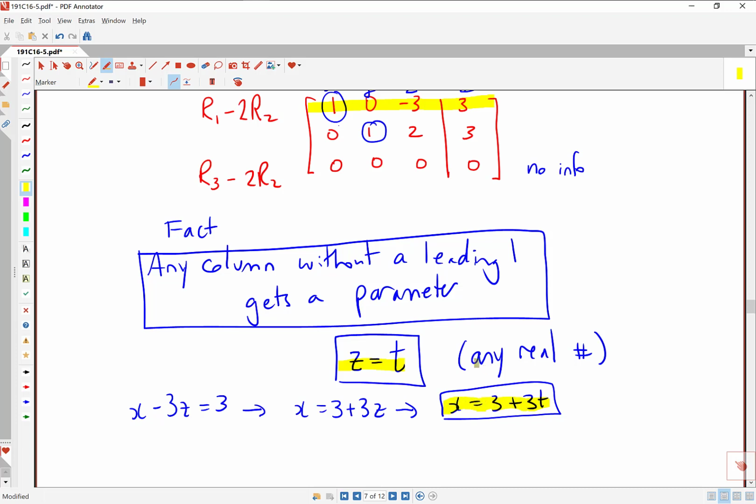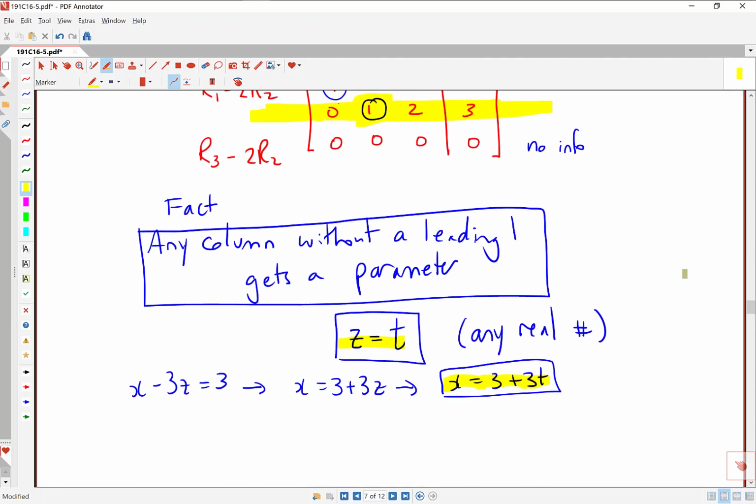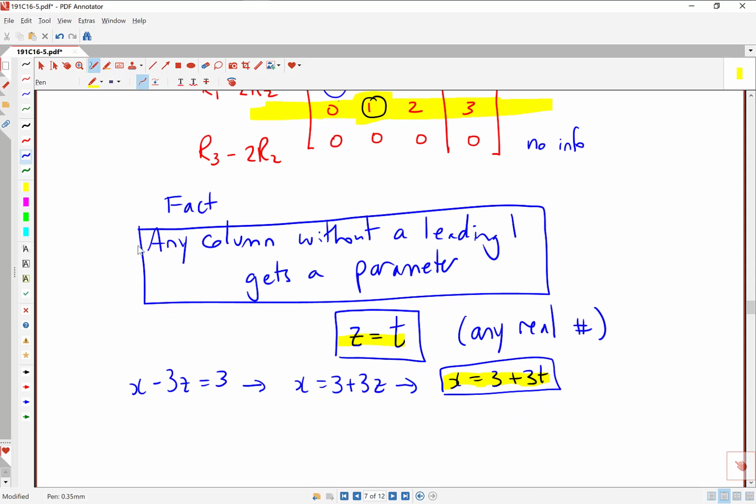Let's do the same thing for y. Let's look back at our system. Now we're interested in the second row here, because that's where the leading one in the y column is. Let's see if we can do the same kind of thing. We're going to take this highlighted row in our matrix and translate that back into a statement about x, y, and z. That would say 1 times y plus 2 times z equals 3. So solve that for y: y equals 3 minus 2z.